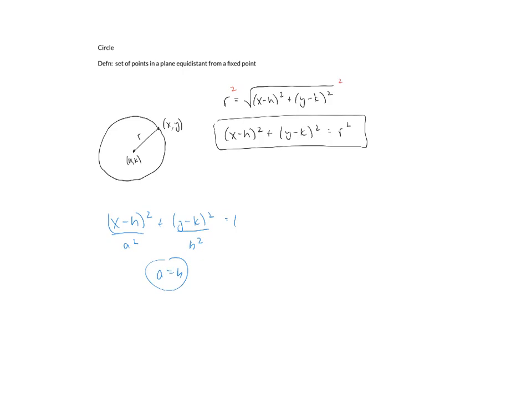And so if a equals b here, then if I multiply both sides by either a or b, they're the same thing, then what you end up with is what you see up there. The a and b value are just your radius. And so you can think of the circle as essentially the perfect ellipse. You're counting the same number of units up and down as you are left and right, in which case you have some nice symmetry there as well.